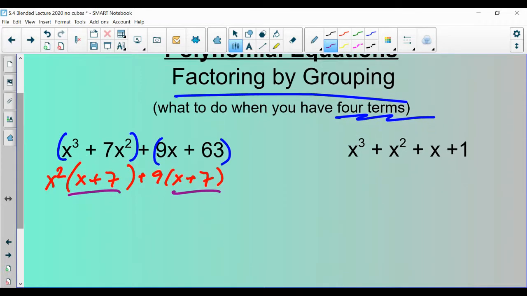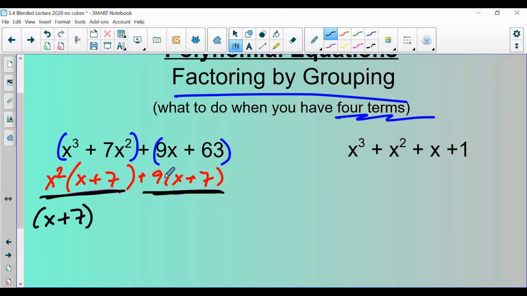At this point, it's kind of weird to think of it this way, but we have 2 terms. X squared times x plus 7 is a term, and 9 times x plus 7 is a term. And if we think of this as 2 terms, 1 term here and 1 term here, they have something in common. Their common factor would be the parentheses x plus 7.